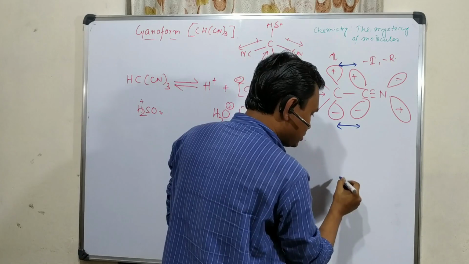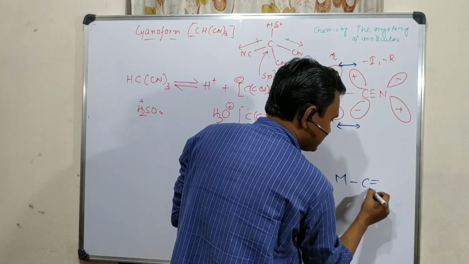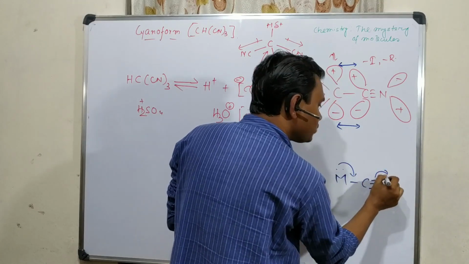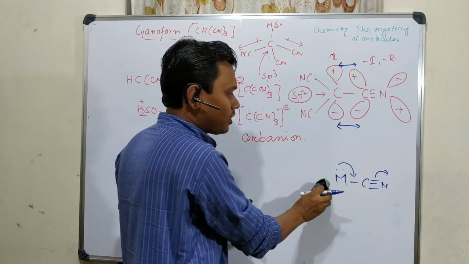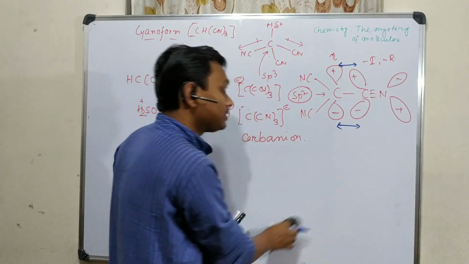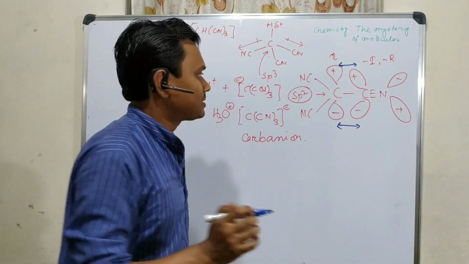You can compare this story with metal carbonyl or metal cyanide, where the electron on the metal is donated in this way to cyanide. You can correlate, because I guess you have read it during organometallic catalysis or the 18 electron rule. So think of it in that way, it will help you to understand.